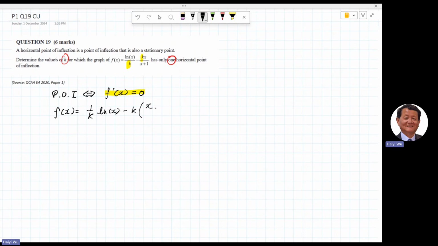For x divided by x plus 1, I'm going to write x plus 1 minus 1, separating the second bracket, so the function simplifies to 1 minus 1 over x plus 1.